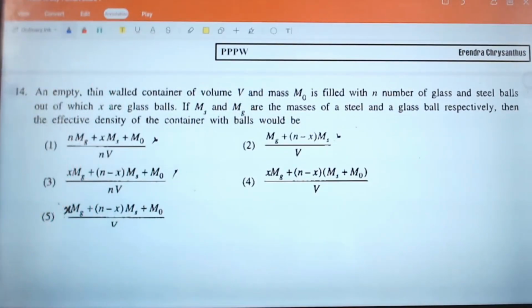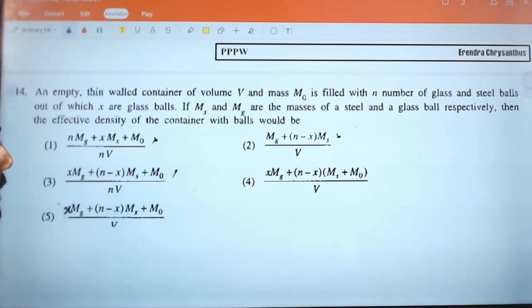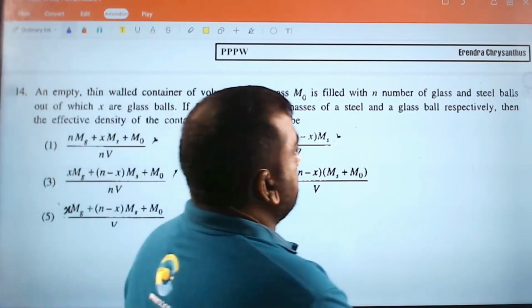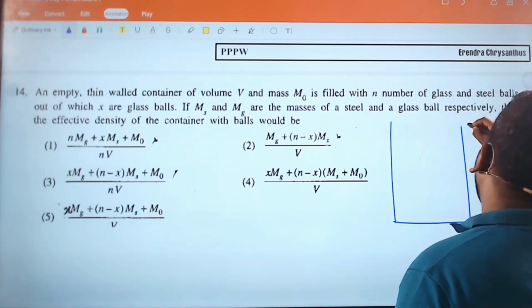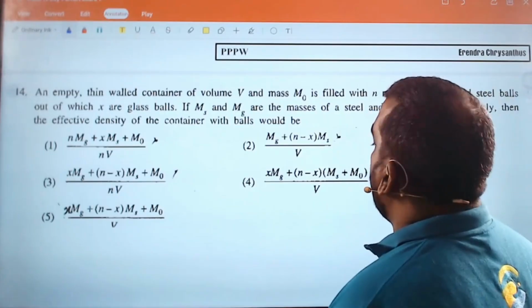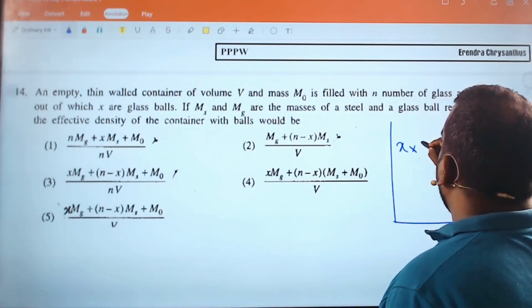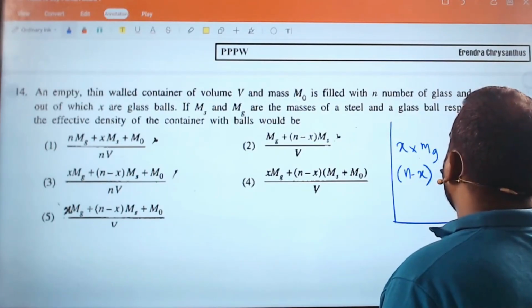MCQ 14. An empty thin wall container, volume V, mass m0, is filled with n number of glass and steel balls. So here mass is m0, volume is V, x number of glass balls. So n minus x number of steel balls.